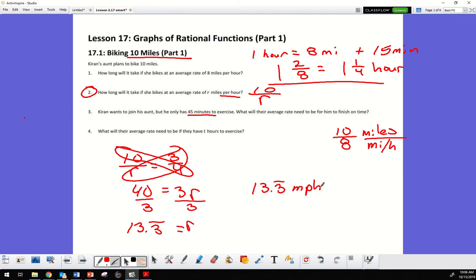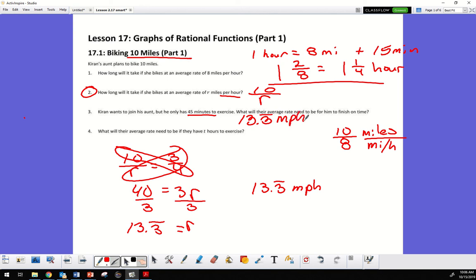If you notice, I keep writing this a different way, but they all mean the same thing. Miles divided by hours is still miles per hour, or MPH, which you guys are probably used to seeing, because every once in a while you might drive a vehicle or take a driver's test. Cars, boats, RVs, whatever you drive, golf carts. Okay, all right, so we get that. That's going to be my 13.3.